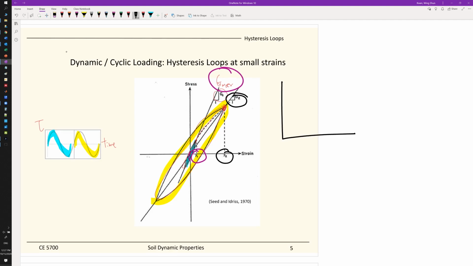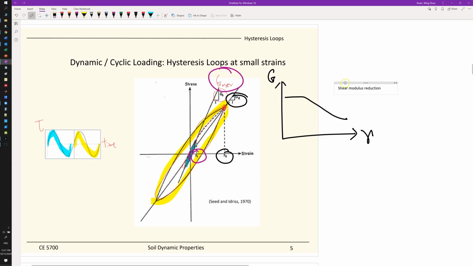So if we plot a graph of the shear strain versus the G values, then we get a curve, and this is what we call the shear modulus reduction curve, which is very important. So this is the shear modulus reduction curve.